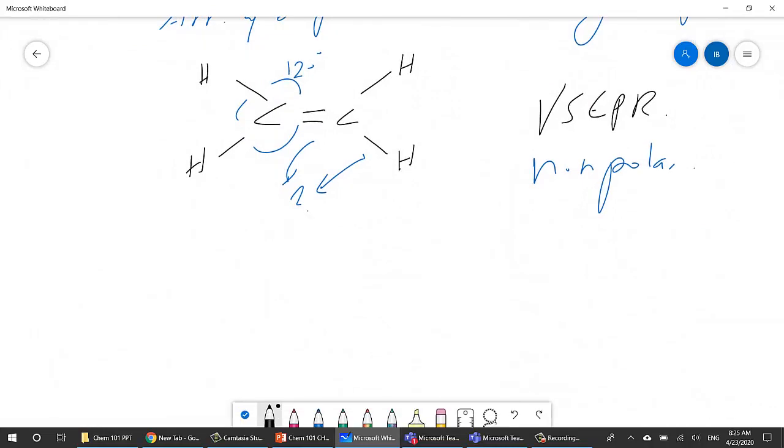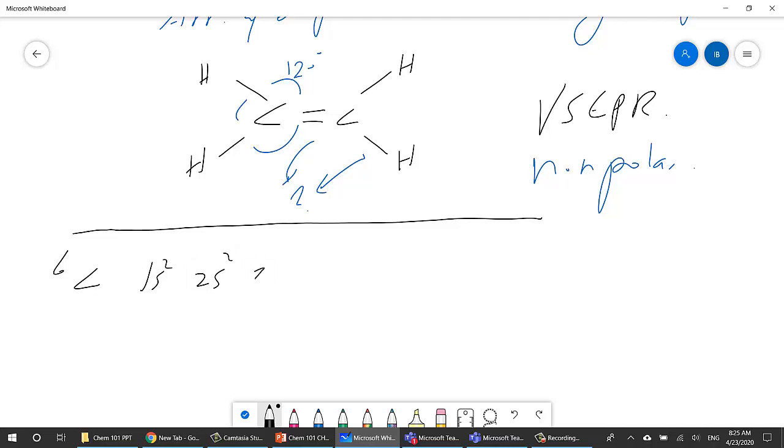Let's start as we did before for methane and the other ones. Let's start with carbon. Carbon always has 6 electrons, atomic number 6. So it's 1s2, 2s2, 2p2, and therefore you're looking at the valence shell. You have a 2s orbital that has 2 electrons, and you have 2px, 2py, 2pz.